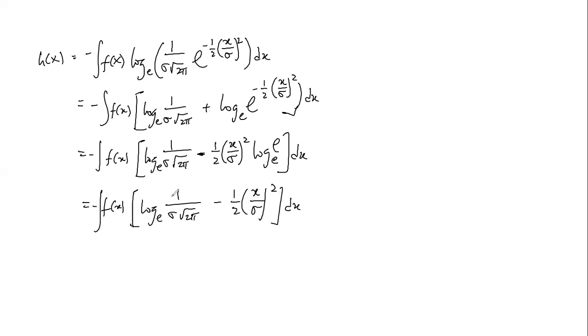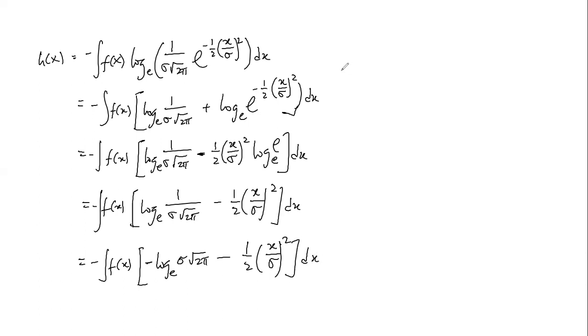Okay, and now this is another way of writing negative integral f of x minus log to base e sigma root 2 pi minus 1 over 2 x squared over sigma squared dx. Then negative this is the same as this. Recall how we've been playing with our entropy information.